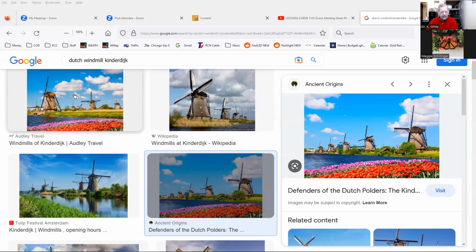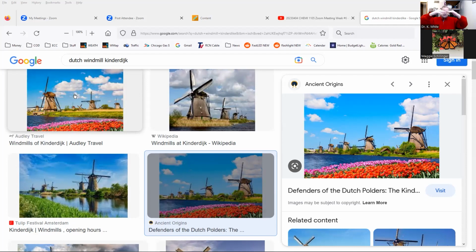Those are a source of power. They'd build a dike, and on the side toward the land, which would still be flooded, they pumped out the water using those windmills. A lot of them are just giant air-powered pumps. That's how they reclaimed the land from the sea to make the country.